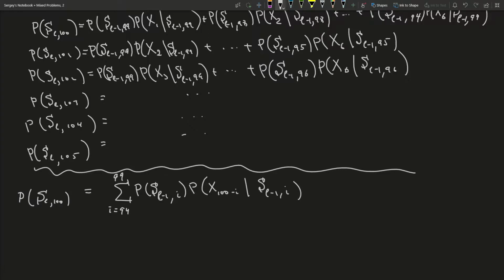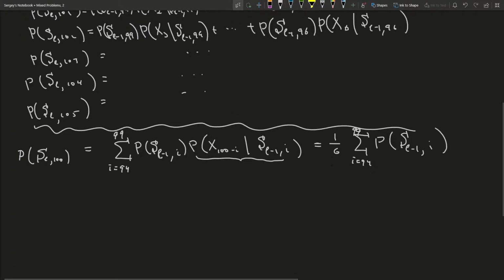Now, the probability of rolling any particular value is independent of what the running total up to that point is, and the probability of rolling any particular value is 1/6. So this becomes 1/6 times the sum from i equals 94 to 99 of the probability that the running total up to that point was i.